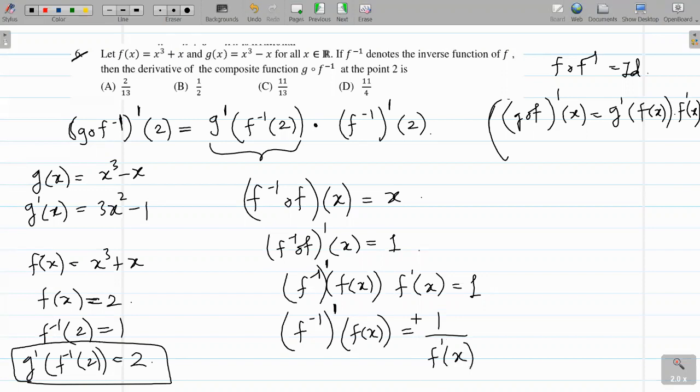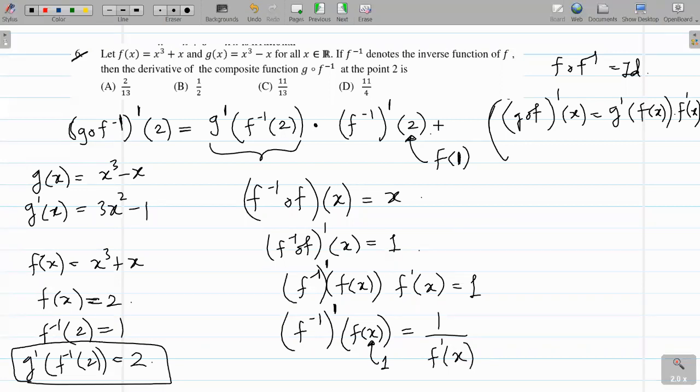Right? So if I want f inverse dash at 2, then what is this 2? 2 we know it is f of 1. So this x is actually 1. So f inverse dash at 2 is simply 1 upon f dash at 1.